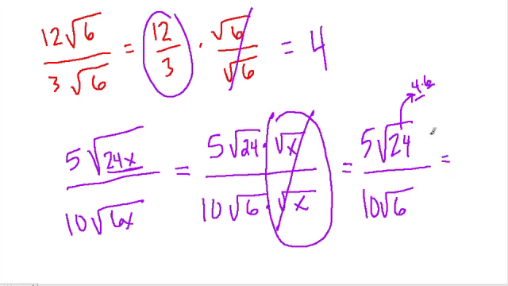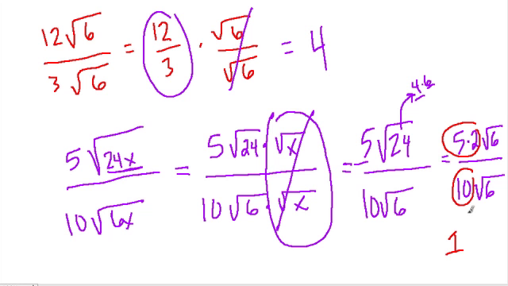So now we have 5 times the square root of 4, which is 2, times the square root of 6, over 10 times the square root of 6. And this is cool because this is 10 divided by 10, which is 1. Square root of 6 divided by square root of 6 is 1. So all of this reduces down to just 1. And I love problems like that.